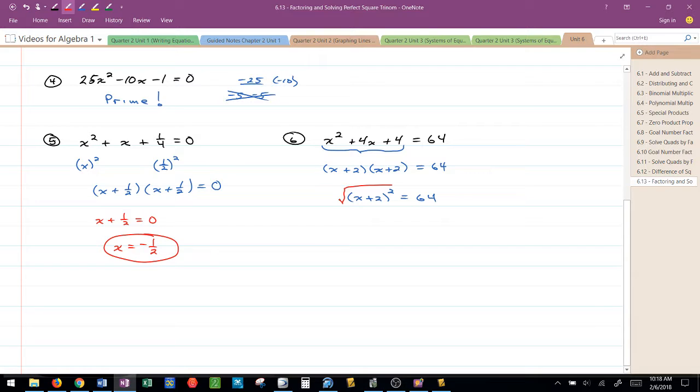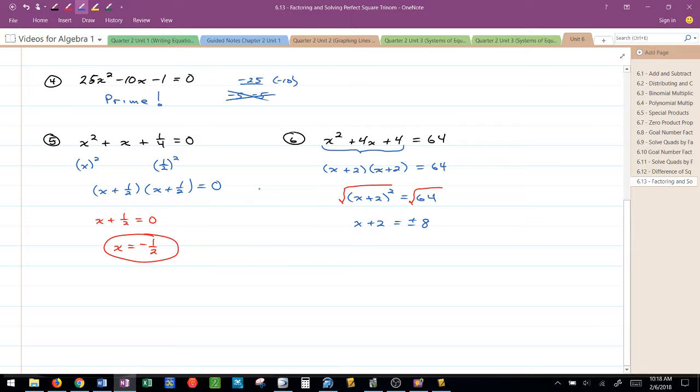All right, now I know that the square root of a square, they are inverse operations. So the square root of x plus 2 squared is just x plus 2. But here's where it gets a little crazy. I know that the square root of 64 is 8, but because it was a quadratic I was solving, I need to use what is called positive and negative representation, or plus or minus 8.